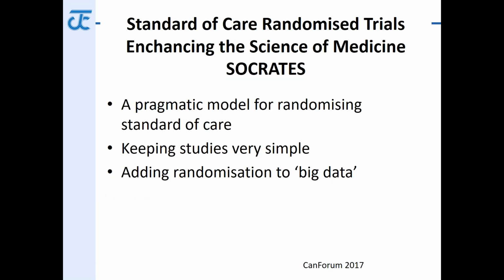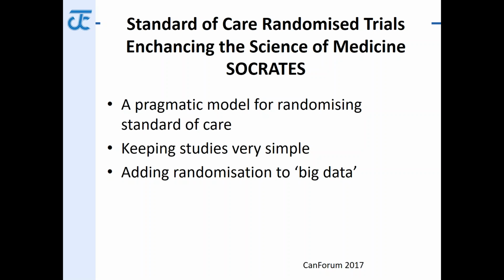This approach is to look at whether, whenever we have more than one option of standard of care being considered for a patient, there is a very simple mechanism to randomize that and address a whole range of questions, extending the evidence base from more well-defined patient populations to real-world patients, a little bit along the same motivation as our previous talk.